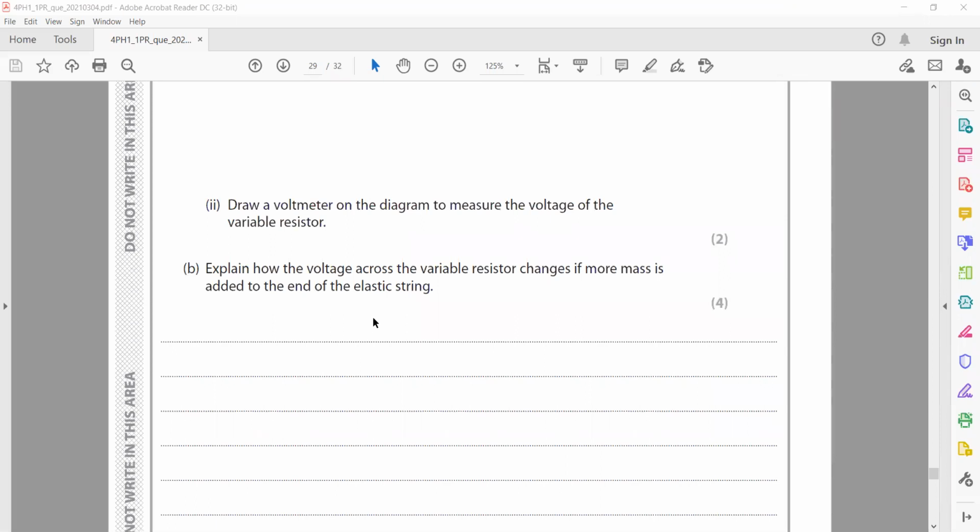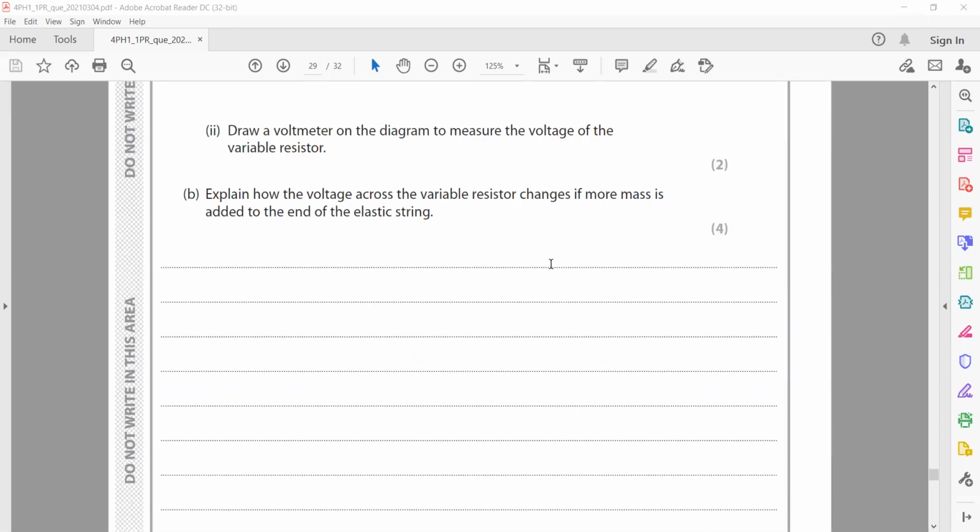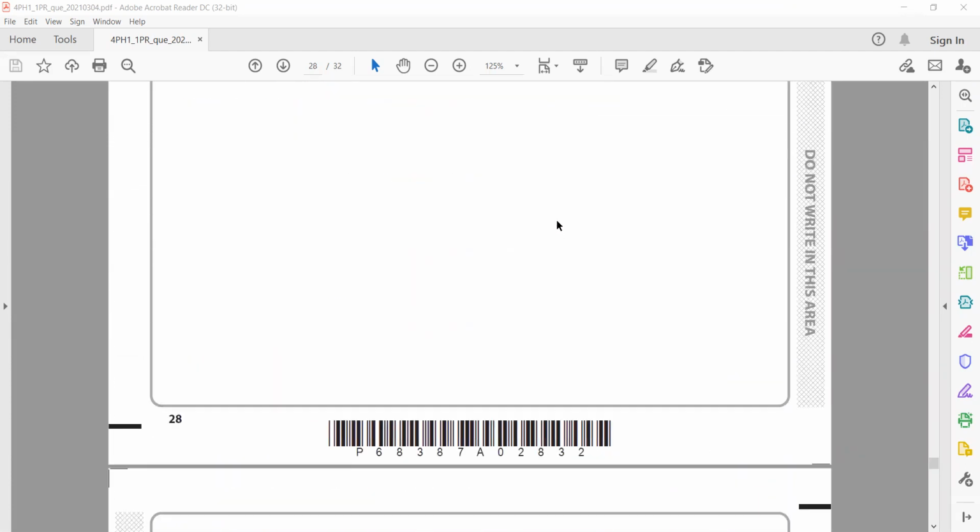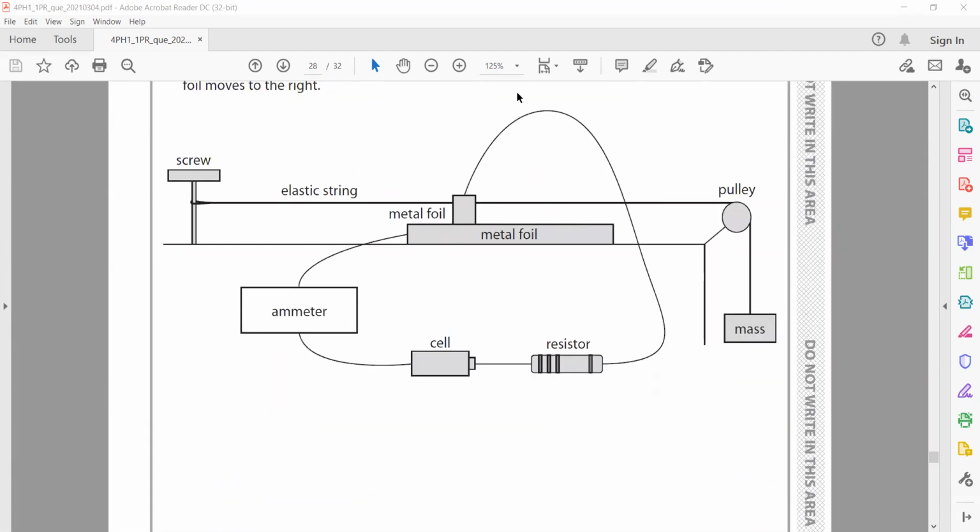Explain how the voltage across the variable resistor changes if more mass is added. So if we add more mass, basically the new position. So if we add more mass, this movable part will move more towards the right hand side.